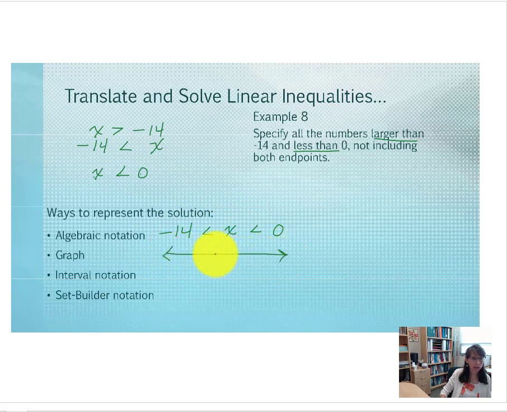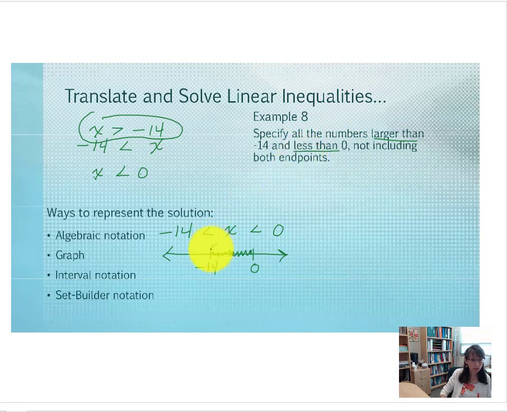On the number line, choose two places, the smaller number on the left, larger number on the right. Numbers that are less than 0 shade to the left. Numbers that are greater than -14 would shade to the right of -14. Do you see any equal sign included? Going back to this narrative, do you see equal written anywhere?